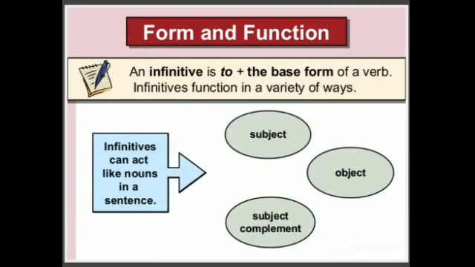Infinitives function in a variety of ways. Infinitives can act like nouns in a sentence. The to infinitive can act as a subject of the sentence, it can act as the object of the sentence, or it can act as the subject complement of the sentence.